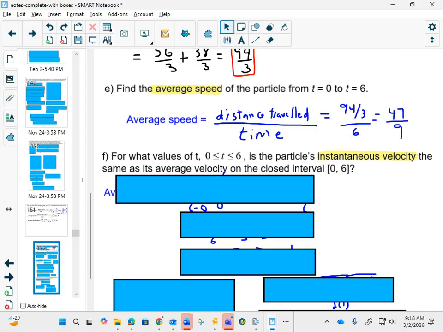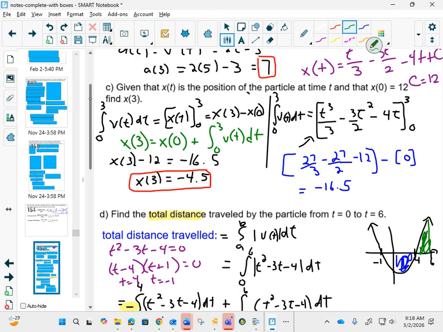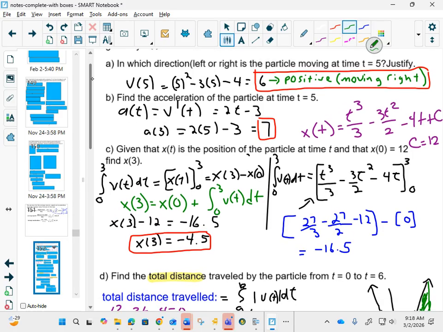For what values of t is the particle's instantaneous velocity the same as its average velocity between 0 and 6? We know that the average velocity, we can figure it out with the integral, or we could figure it out with displacement.